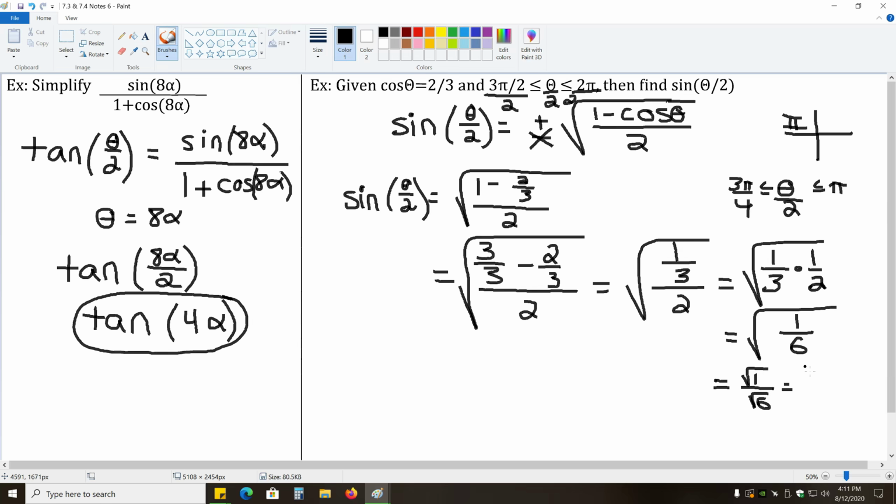The square root of 1 is just 1, so we have 1 over the square root of 6. Multiplying the numerator and denominator by the square root of 6 gives us sine of theta over 2 is equal to the square root of 6 divided by 6.